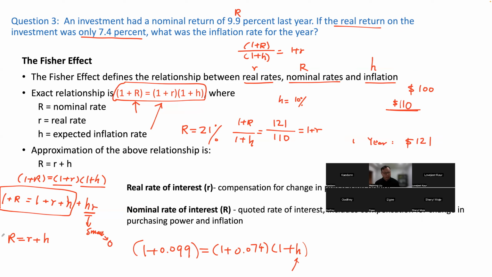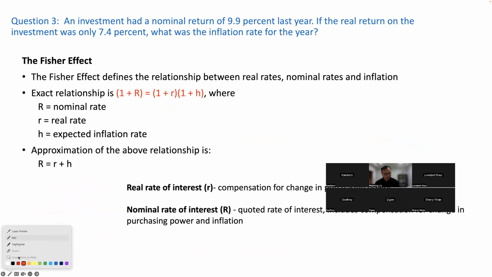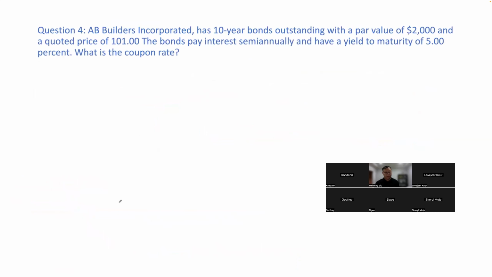We are good. So let's move on to question 4. AB Builders Incorporated has 10-year bonds outstanding with a par value of 2,000 and a quoted price of 101.